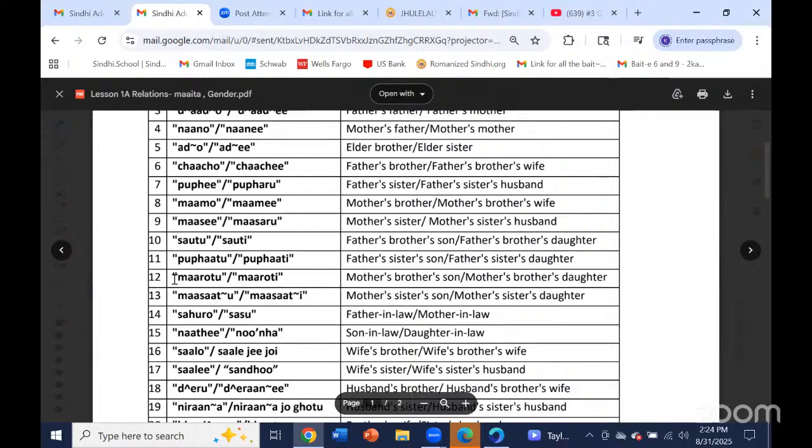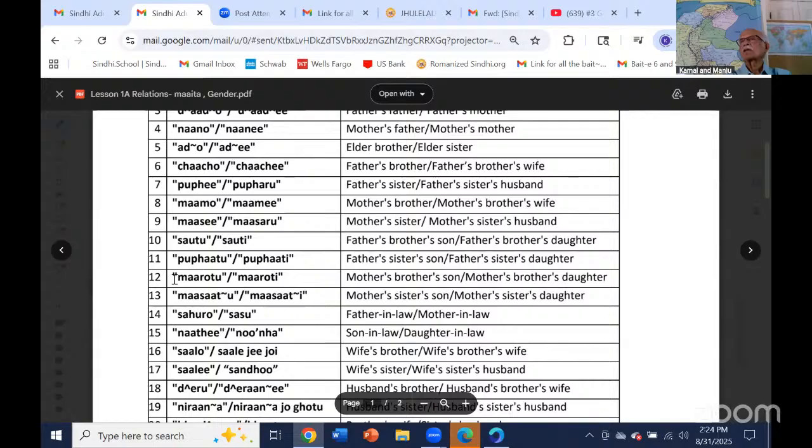Okay, Ajit, you have got. Priya has got. Preeti, you have got? Yes, I do. See, all of you have got Marotu and Marote. Mama's son will be Marotu, daughter will be Marote. And if there is more than one son, Marota, more than one daughter, Marotiu. Mukeba Marota, and Marotiu ain.